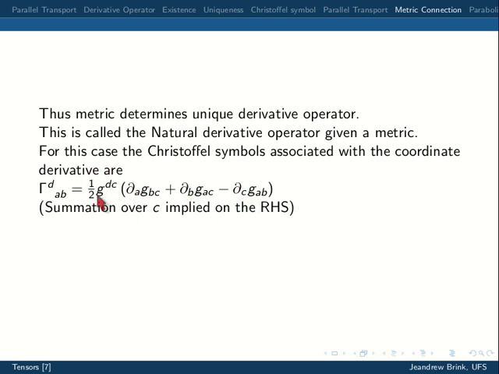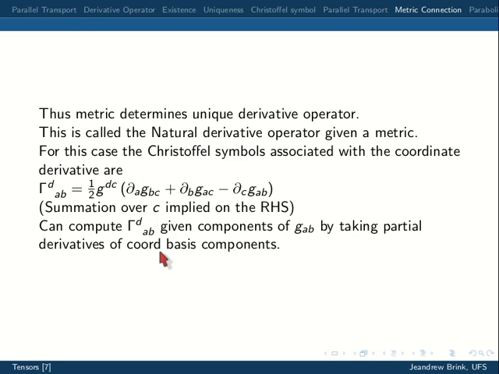You contract, or sum over C, with the inverse metric times half, and then you have all your Christoffel symbols, and then you can parallel transport any vector in that metric by writing down the equations from earlier on, and I'll give you an example of that now. So you can compute those by taking partial derivatives.